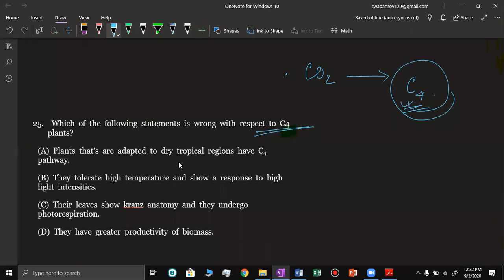Plants that are adapted to dry tropical regions have the C4 pathway. They tolerate high temperature and show a response to high light intensities. Their leaves show Kranz anatomy and they undergo photorespiration. We have to find out the wrong statement. So this last statement is wrong, and the others are correct.